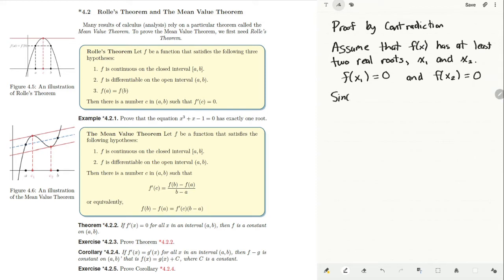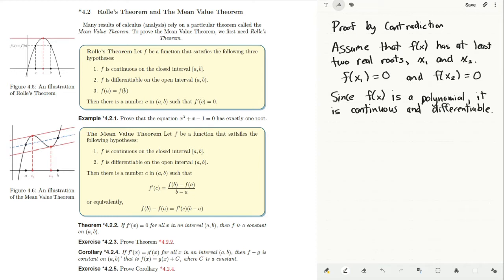Now since f is a polynomial, it will be continuous and differentiable, and it satisfies the conditions for Rolle's theorem. We know that f of x1 is equal to f of x2.